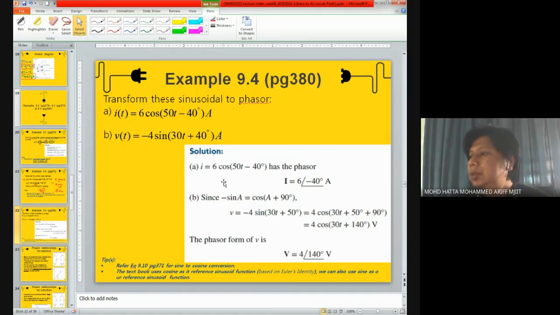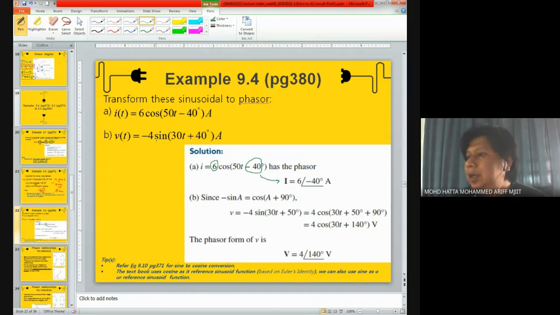It remains as cos as the reference. So we have 6 cos of 50t minus 40. Straightforward, just take the magnitude over here and also take the angle to write it in polar form.